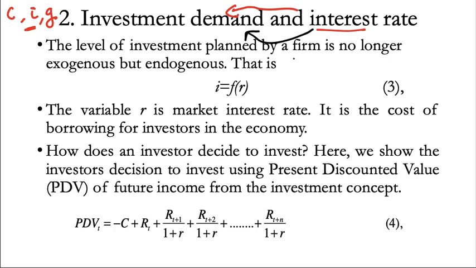How does it affect it? Remember, interest rate is actually at the macro level. We have a lot of investors in an economy or a country. Some of them have enough capital to start their business. Some of them don't.